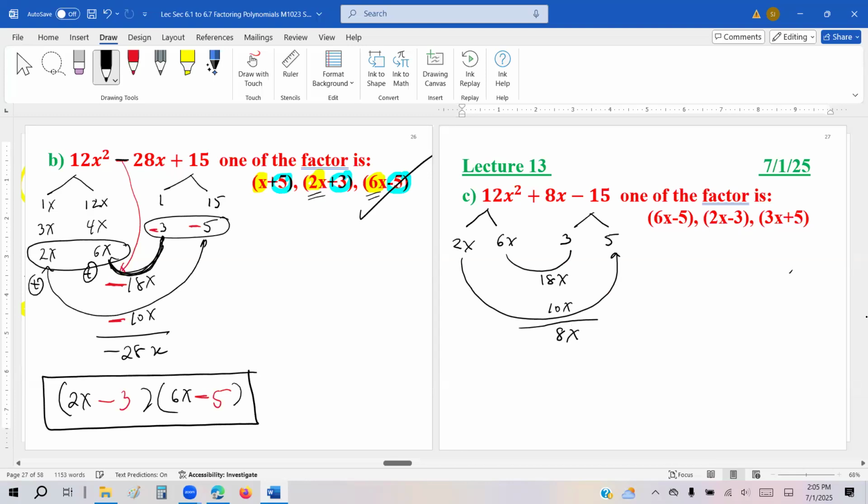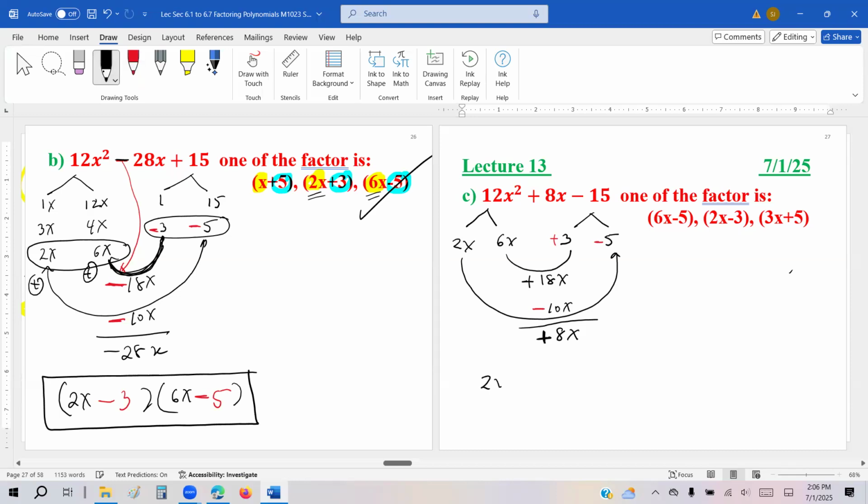By addition or subtraction? We want the result to be positive, so which one has to be positive, 18 or 10? 18. That means 10 has to be negative. Since we got 10 from multiplying 2 and 5, 2 has to be positive by default. Then what sign does 5 have? Negative. And we got 18 positive from 6 and 3, so what sign does 3 have? Positive.